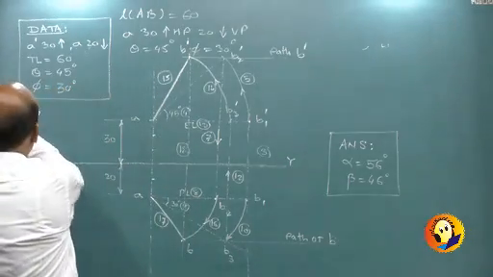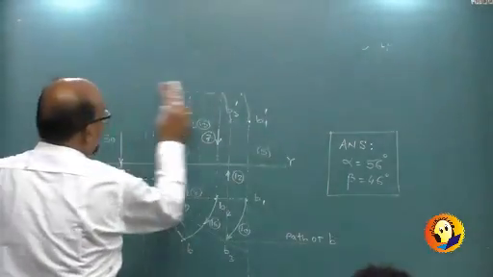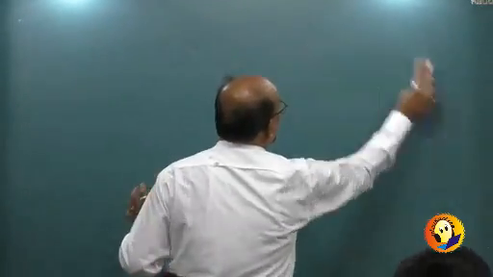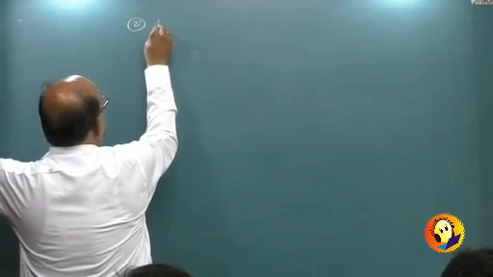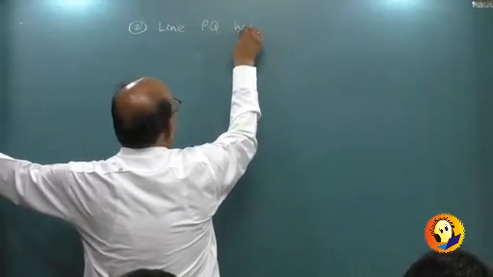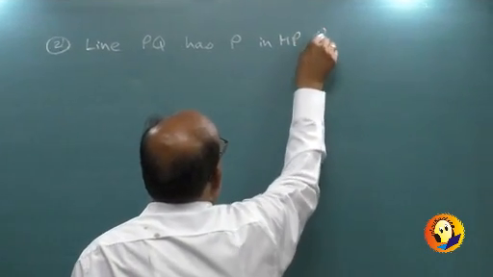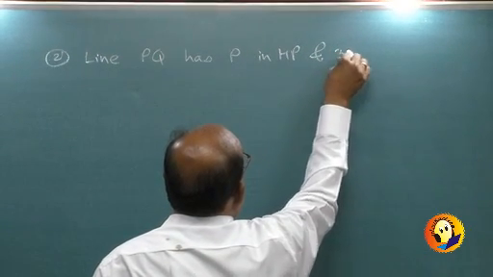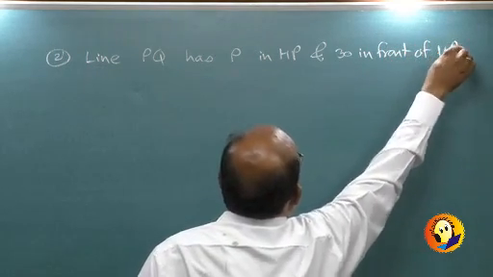Now take 2-3 more problems and let us see. Line PQ has P in HP and 30 in front of VP.